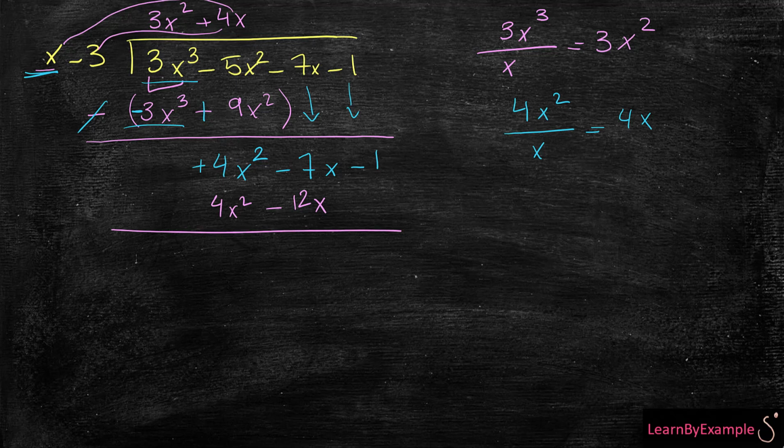And then the next step is to again subtract these from each other. So minus, and I'm going to multiply the negative sign into this bracket. And I'm going to get rid of it. So therefore, I'm going to end up with 4x squared minus 4x squared, which is 0. Negative 7x plus 12x. So 12 minus 7 is 5x.